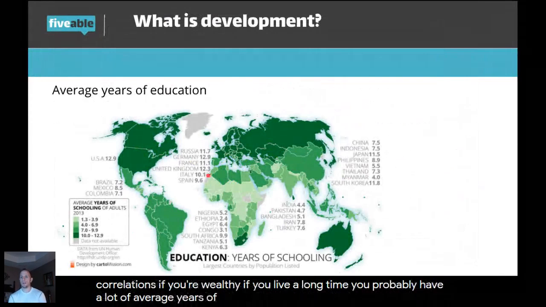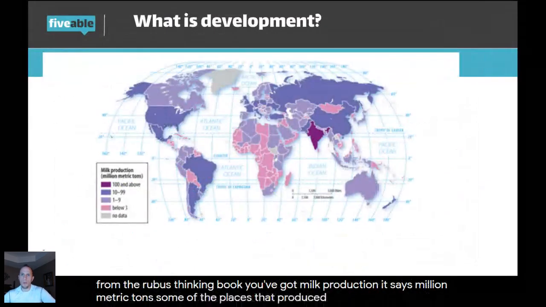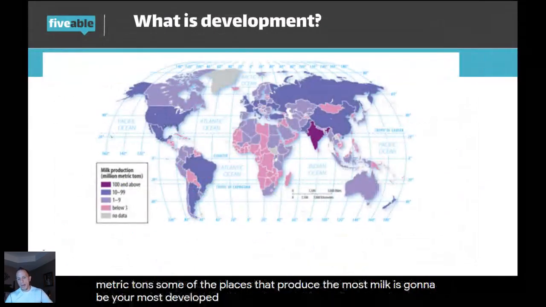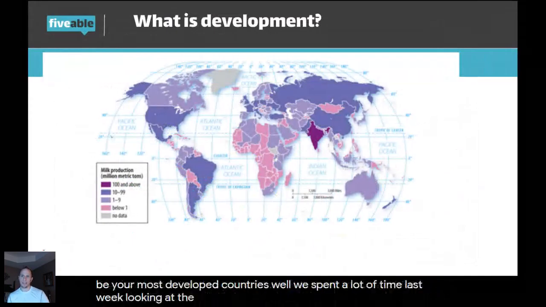Here's another one. Here comes from the Rubenstein book. You've got milk production. It says million metric tons. Some of the places that produce the most milk are going to be your most developed countries. Well, we spent a lot of time last week looking at the things that go into a dairy farm. There is a lot of mechanization.